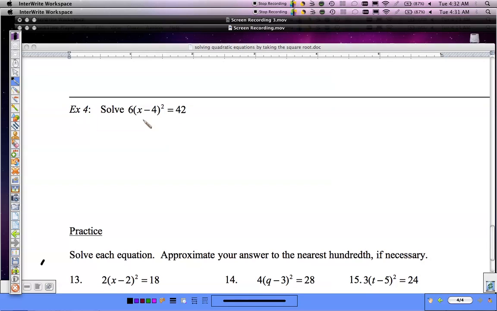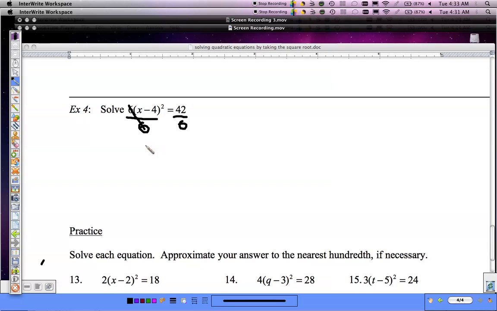Alright, so the first thing we're going to do is get rid of the 6. We can get rid of the 6 by dividing both sides of this equation by 6, since this is just 6 times whatever's in the parentheses squared. The 6's on the left don't necessarily cancel out, they divide to 1.